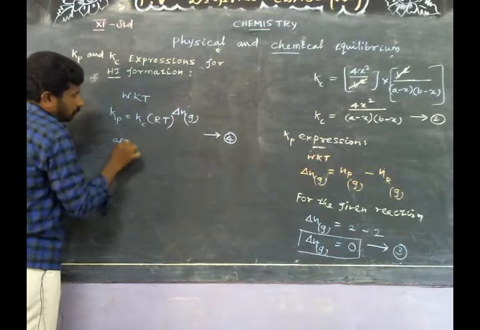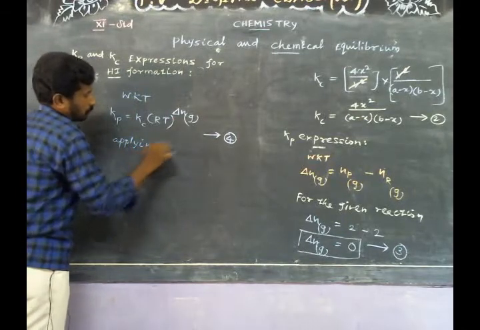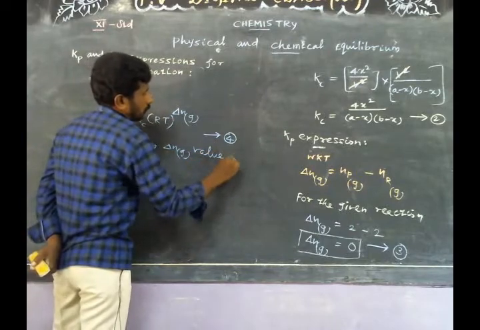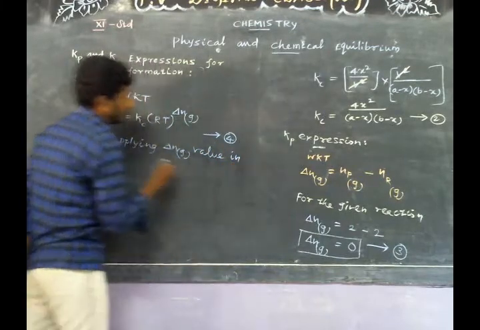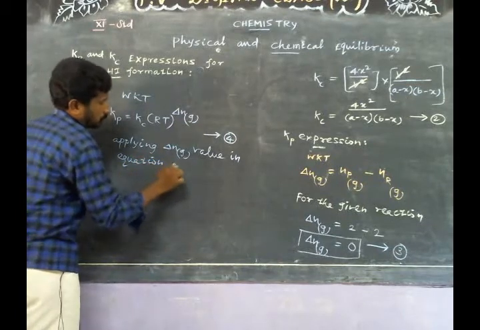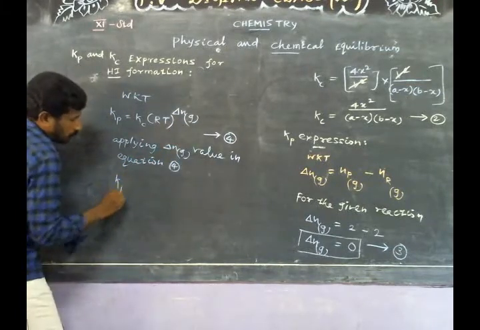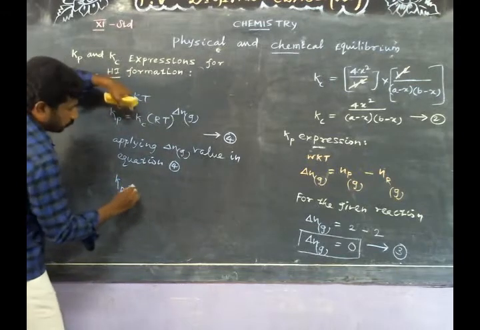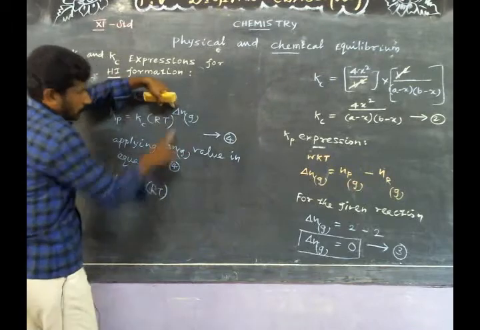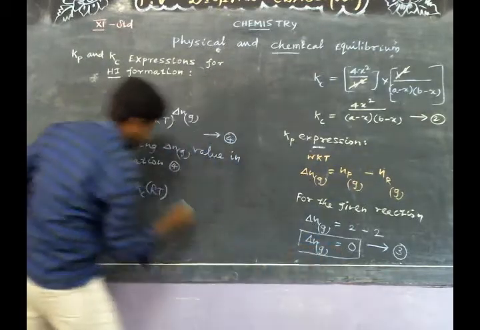Applying delta Ng value in equation number 4, Kp is equal to Kc into RT, delta Ng is replaced by 0.